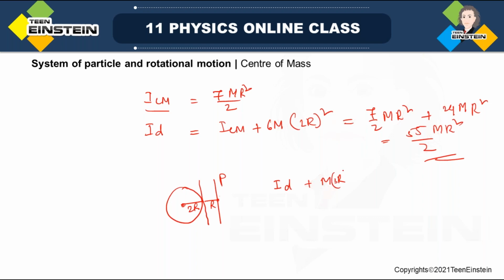Okay, 3r square, along with 7 of these there. So that's how we get 5 by 2 mr square, and this is 63 mr square.